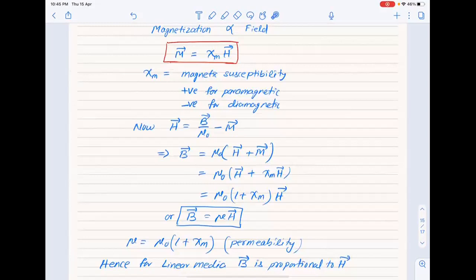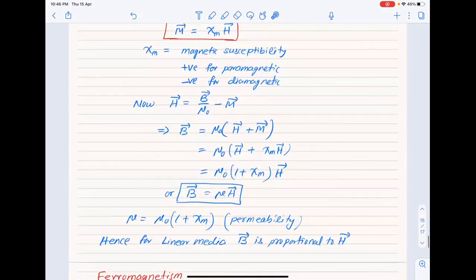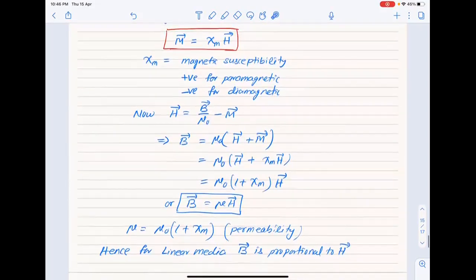So for linear media, that's a very important thing: B is proportional to H, because you can write B equal to mu H, where mu is now mu 0 times 1 plus chi m. That's your permeability. In vacuum, since there is no material to magnetize, chi m equals 0, so mu will be mu 0, which is the permeability of vacuum.